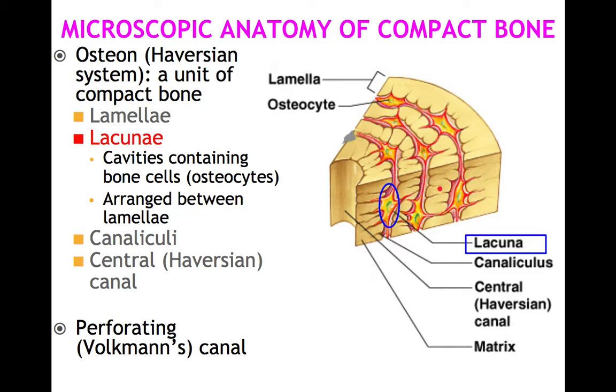Lacuna are cavities that are in between the lamella, and they contain bone cells called osteocytes. The osteocytes are the living cells that live inside the lacuna. So the lacuna is the room, and the osteocyte is the occupant of the room.